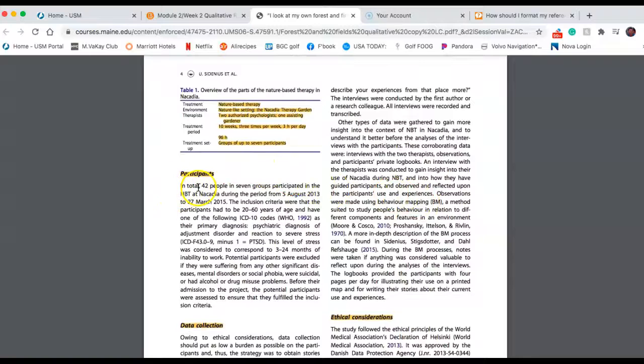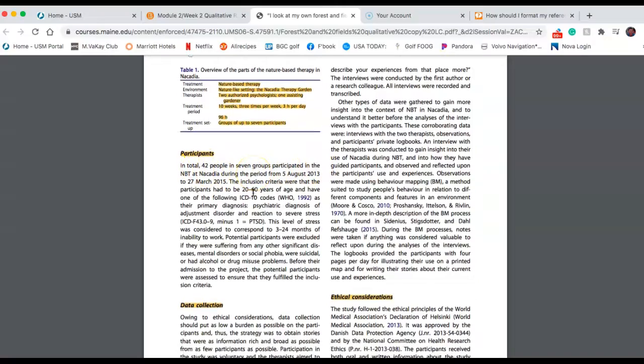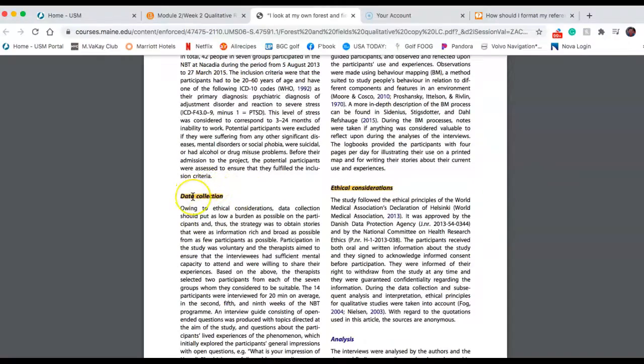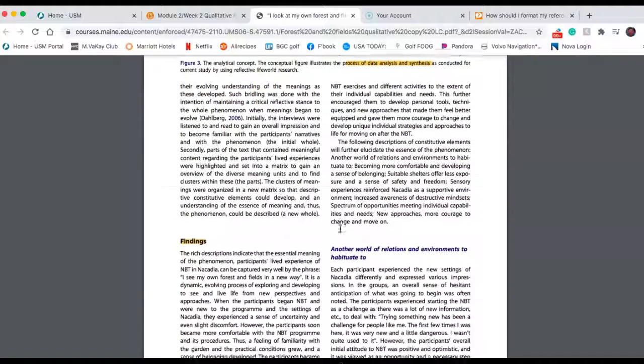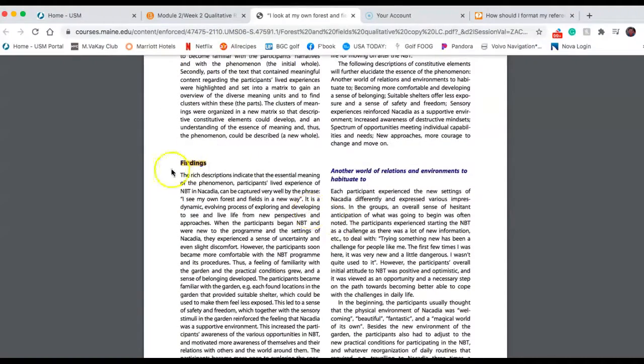Participants. In total, 42 people in 7 groups participated in the study. Data collection. Analysis. Findings. What did they find in the research?